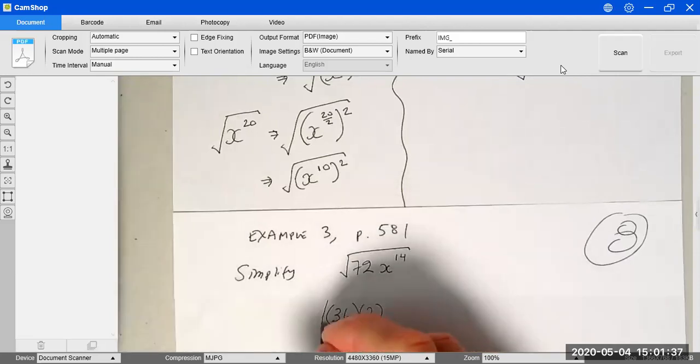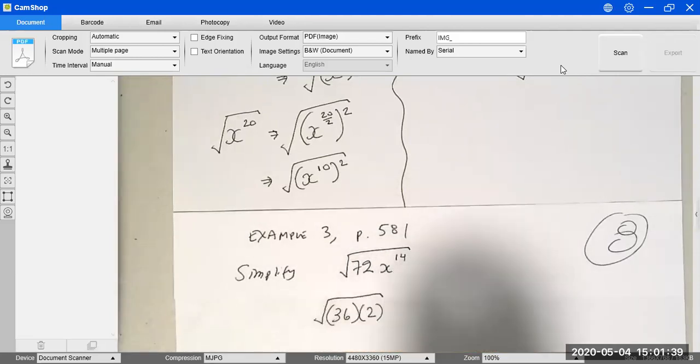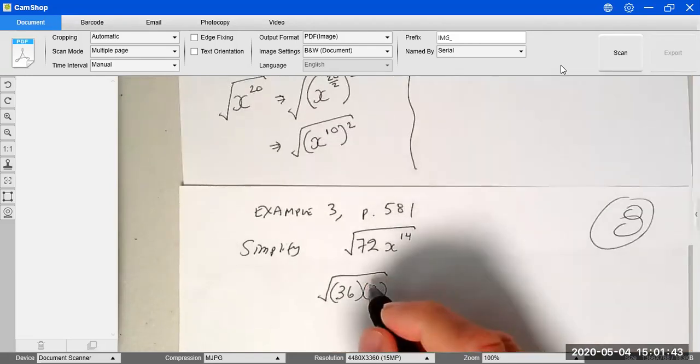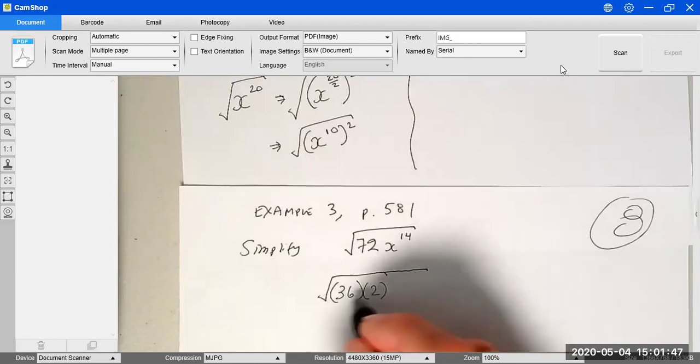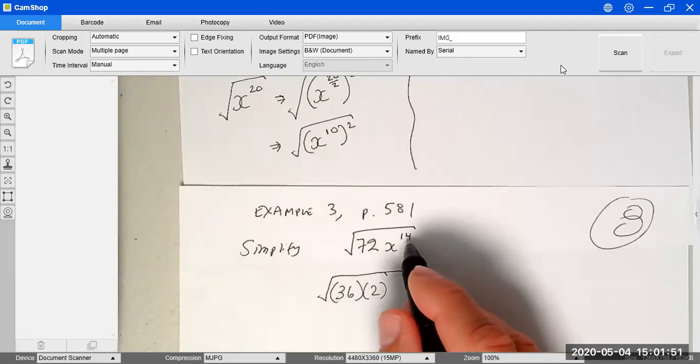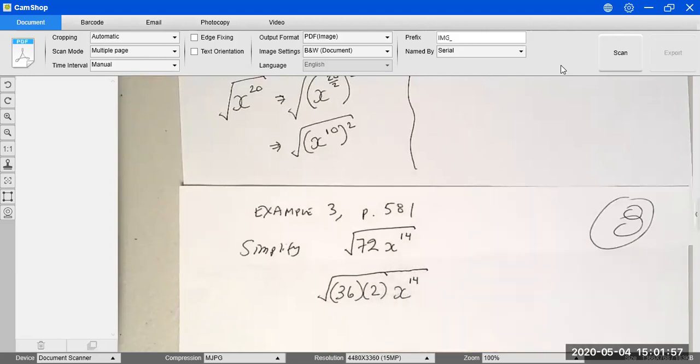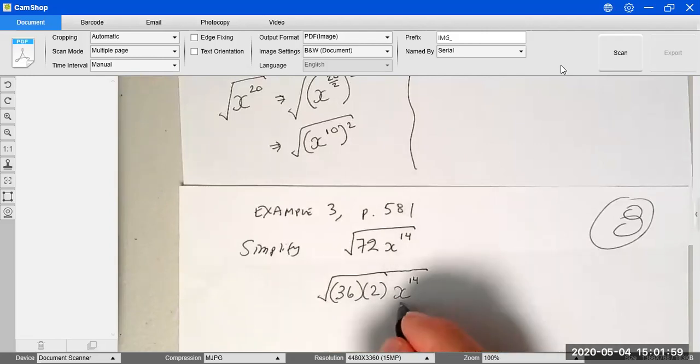So I can have now radicals here. So this is my radical sign containing the coefficient split in 2 parts, and now x to the 14. 14 is an even number, so x to the 14, I'm going to leave x to the 14 in this way because this is a perfect square.